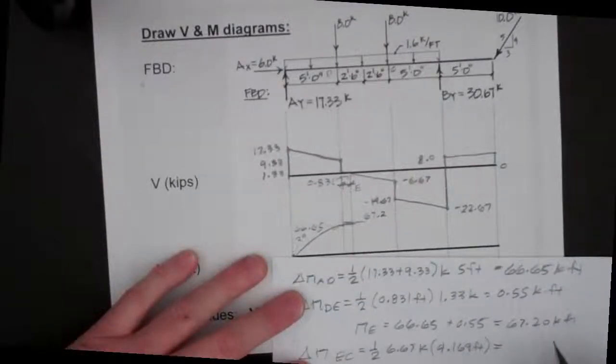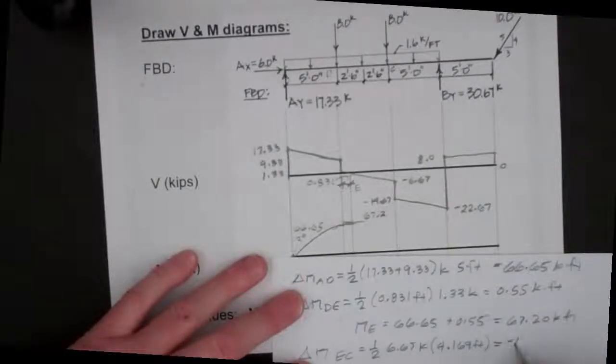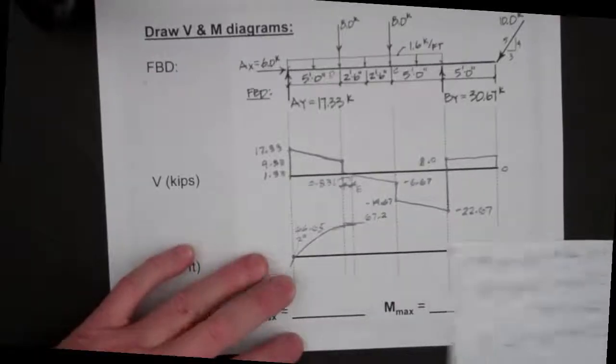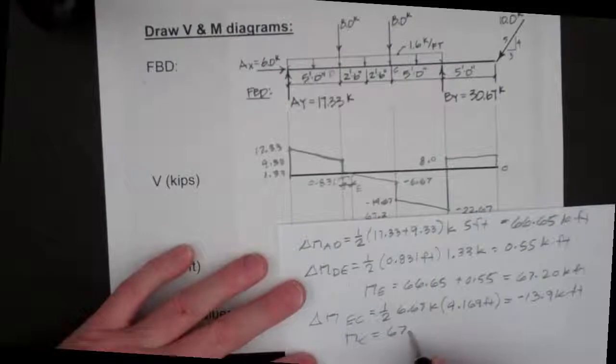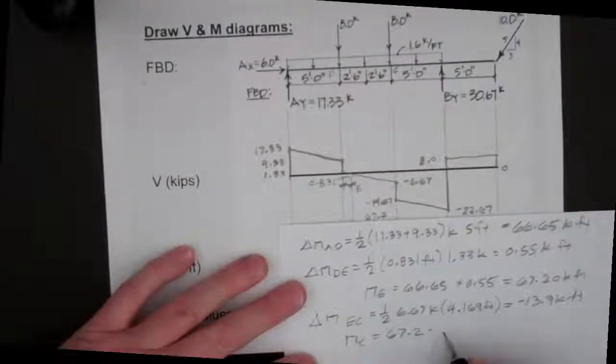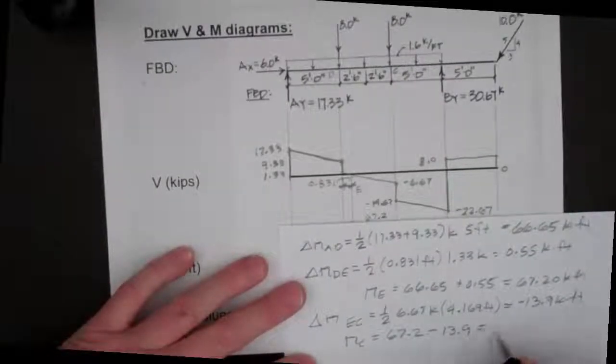So our change in moment here is going to equal minus 13.9 kip feet. So our new moment is the 67.2 minus our 13.9 to get 53.3 kip feet.